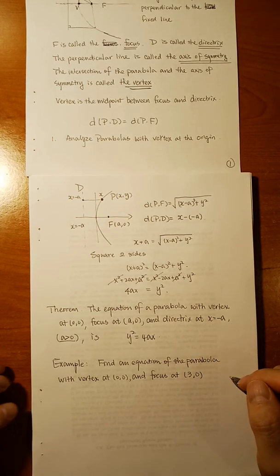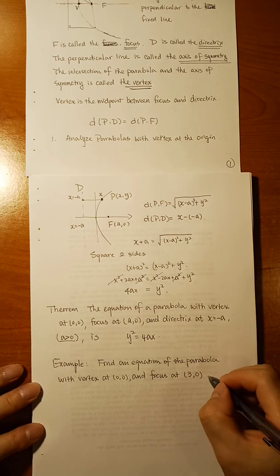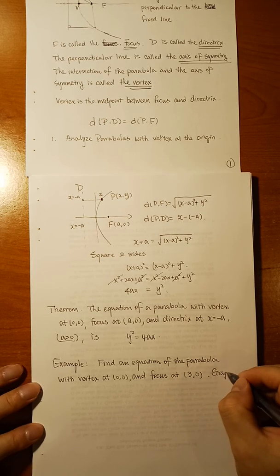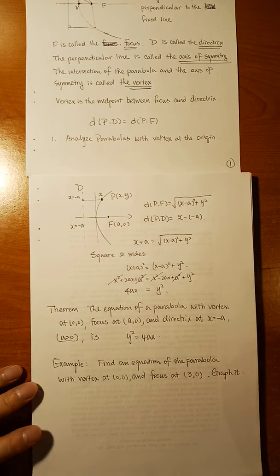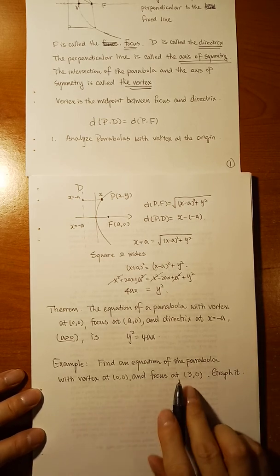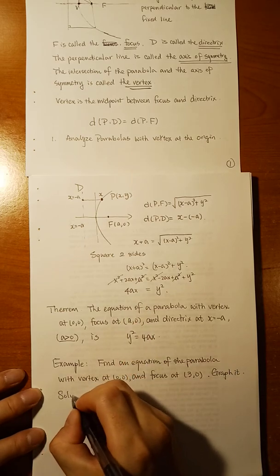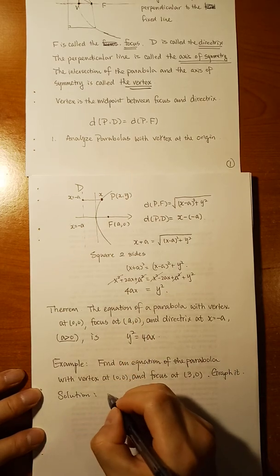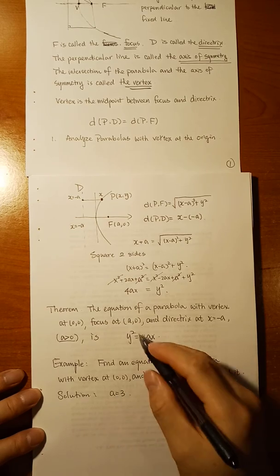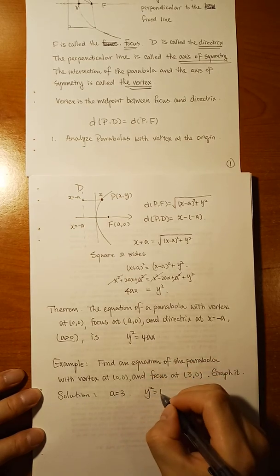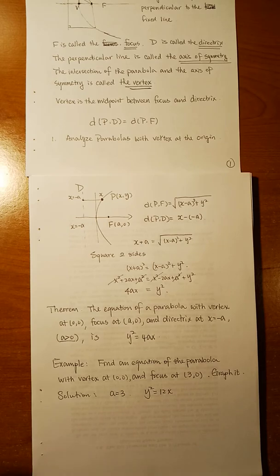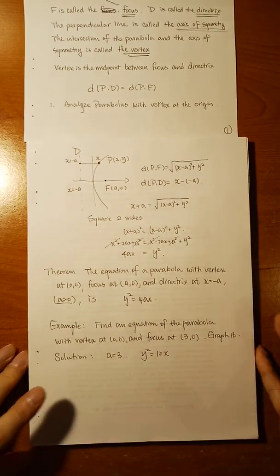Okay, graph it. Vertex (0, 0), focus (3, 0). So we know a is 3. The equation is y squared is equal to 12x. That's it. So it's so simple.